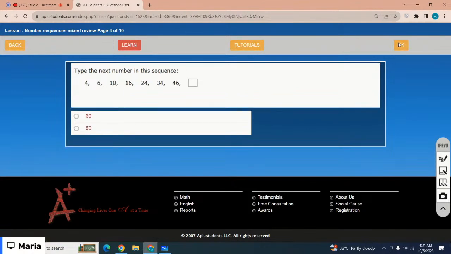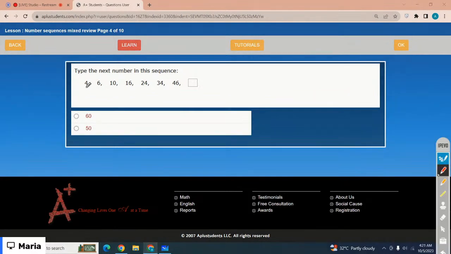Okay, find the next number in the sequence. So which number is missing? Okay, so let's just see how the pattern is going.